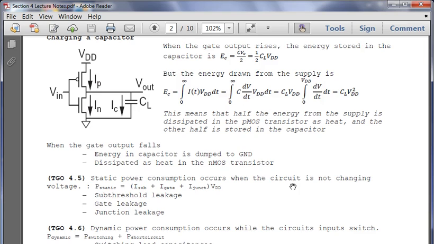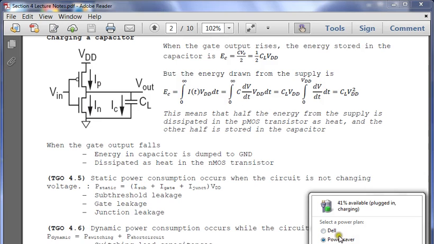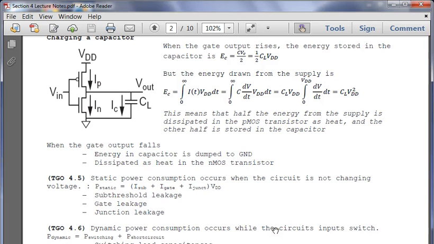At 4.6, we define dynamic power consumption as occurring while the circuit's inputs switch. The dynamic power consumption is equal to the switching power plus what's known as the short circuit current.